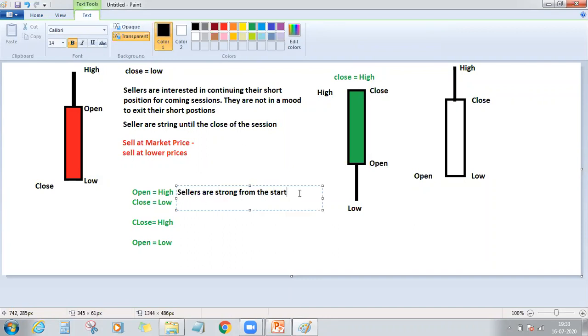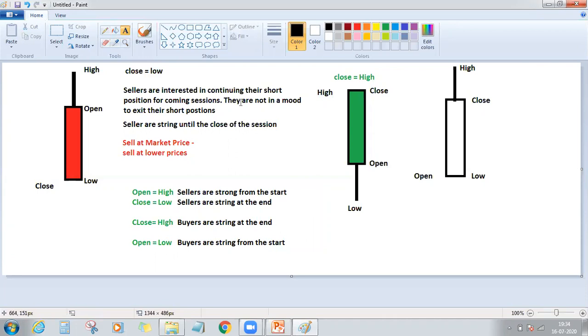Then here, sellers are strong at the end. Then here, buyers are strong at the end, and here, buyers are strong from the start.